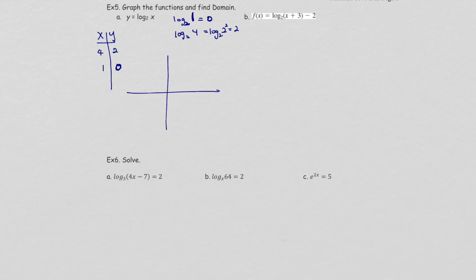Remember, you have a vertical asymptote on the logarithmic graph. It was a horizontal asymptote for exponential. For logarithm, it will be a vertical asymptote. Your graph should pass on the right side of that vertical asymptote, passing through 1 and 0.